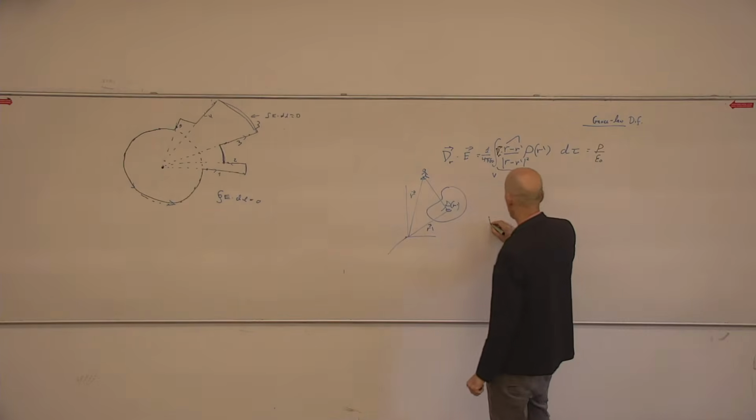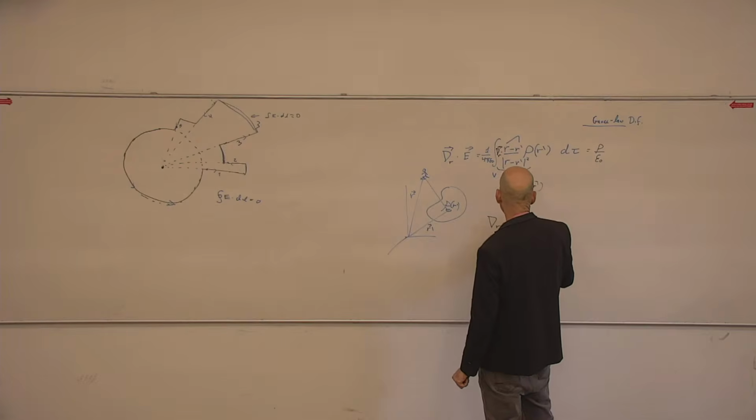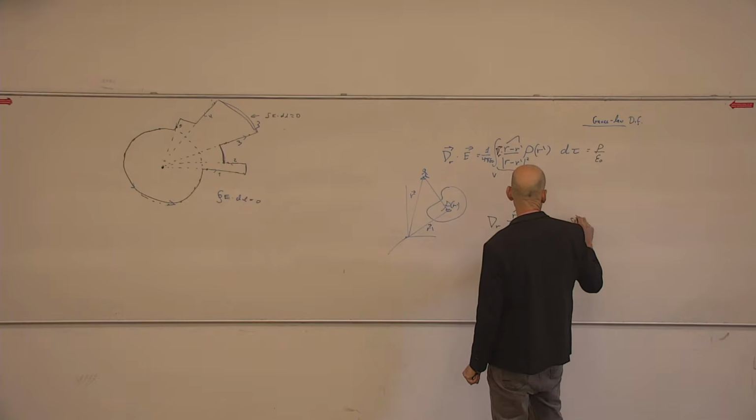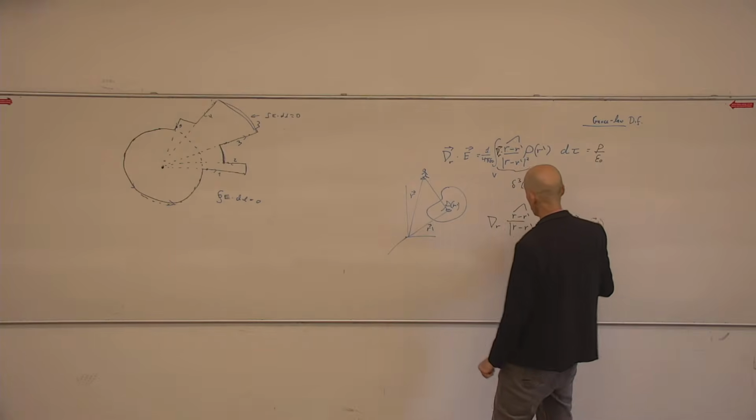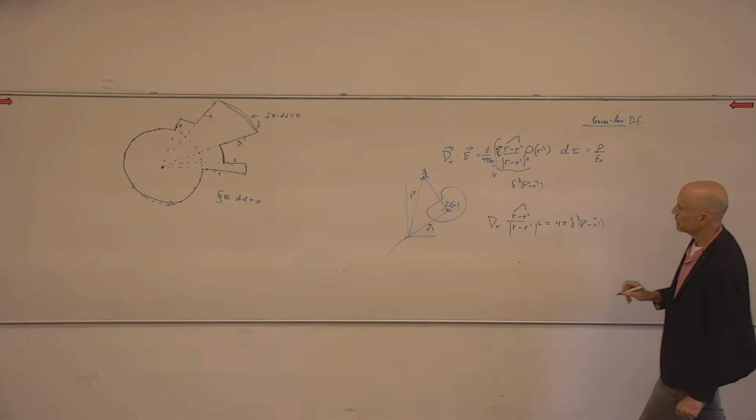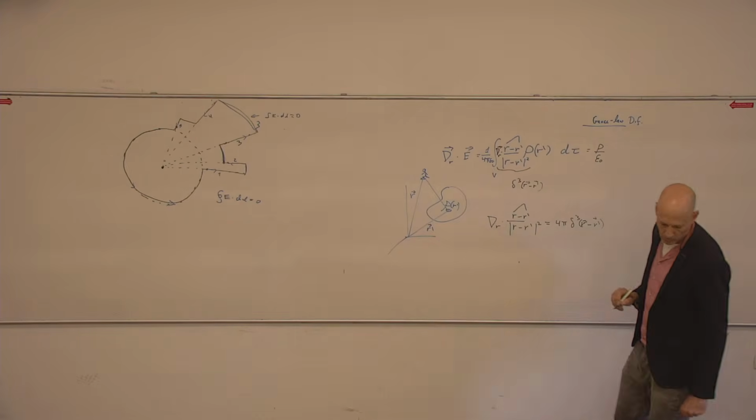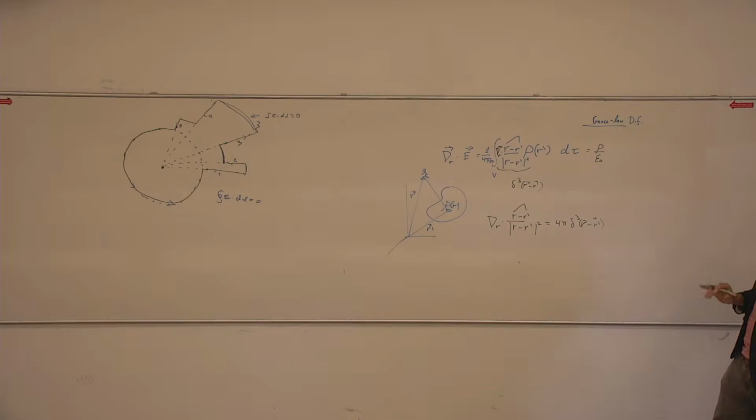So, okay, maybe we will prove this actually. A mathematical statement that this is 4 pi delta 3 r minus r prime. You could say I take it from ChatGPT, and you can check it for yourself. And we will check it because actually checking it is worthwhile.